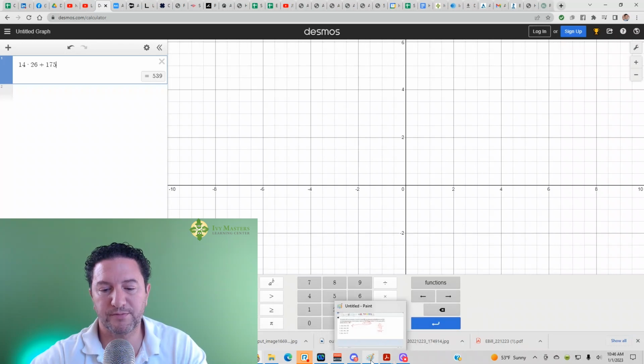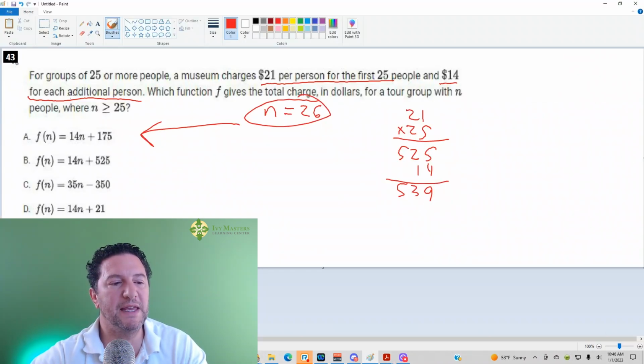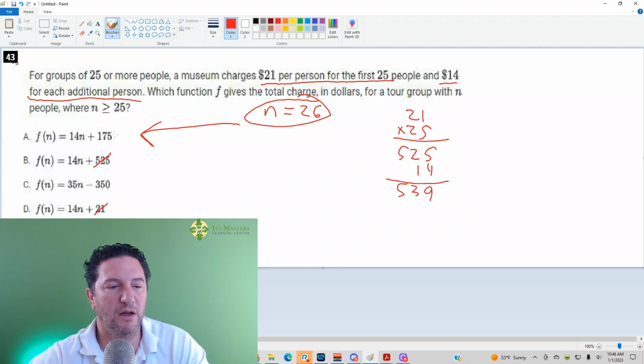Now, you know that it can't be B or D because those are the same, only you're adding 21 or 525 instead of 175.